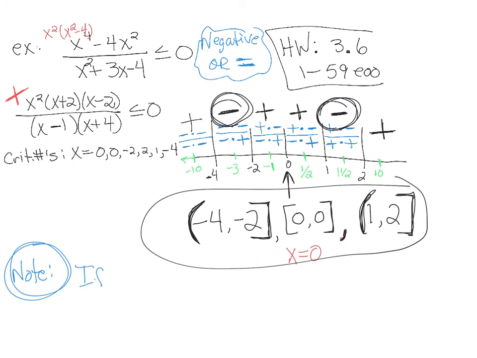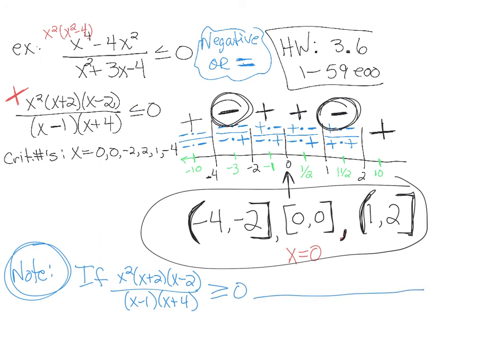If we had greater than or equal to 0, then we would have had, let me write this out, -4, -2, 0, 1, and 2.